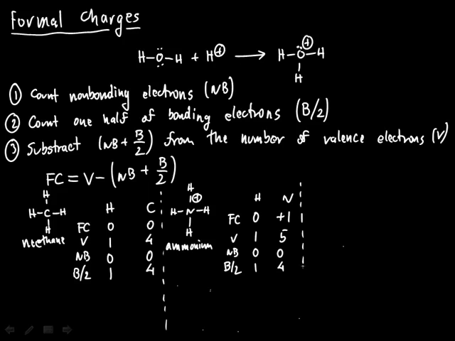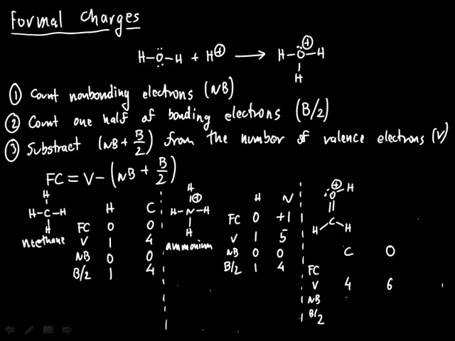Let's look at an example. It's a little bit more complex in that it has 3 different elements. This, as we will learn later on, is nothing else but a protonated formaldehyde. And for simplicity's sake, we can skip hydrogen here, which clearly has no formal charge. But if you look at oxygen and carbon, then we will see that oxygen is in the 6th group, whereas carbon is in the 4th group.